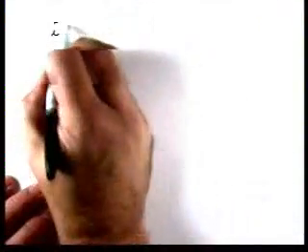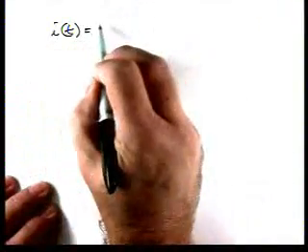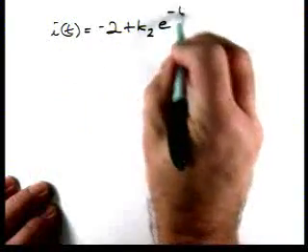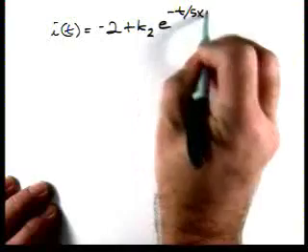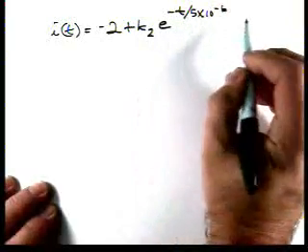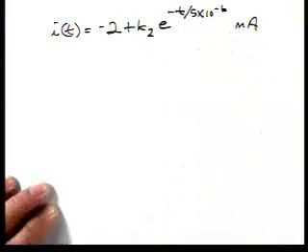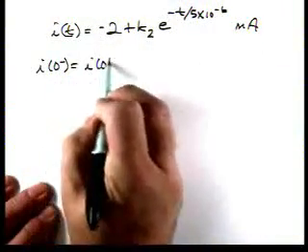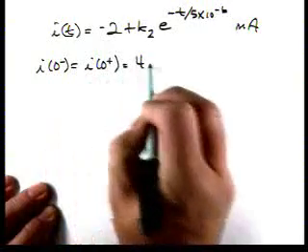Now, we're still not quite home. We know that i(t) is minus 2 plus k2 e to the minus t divided by 5 times 10 to the minus 6 milliamps. And we use our initial condition now. i(0 minus) equals i(0 plus) is equal to 4 milliamps.